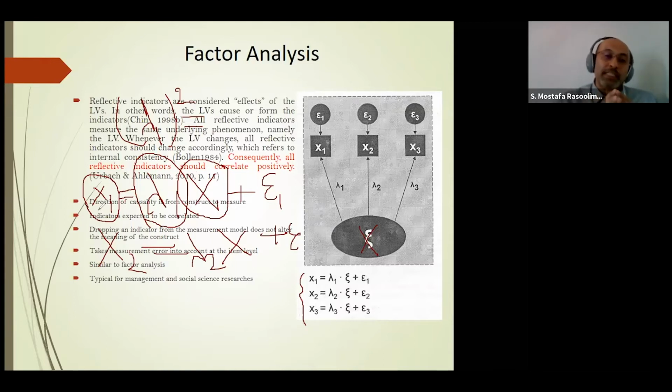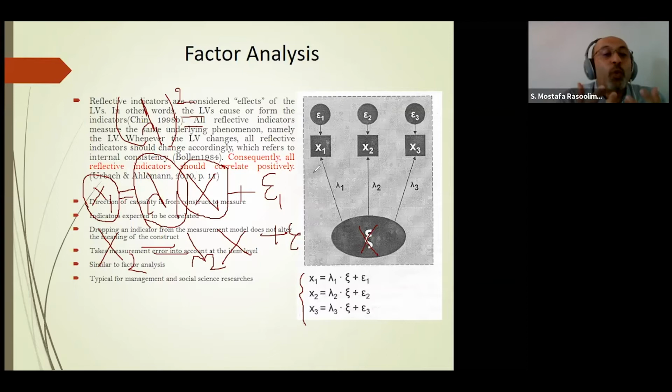So based on this lambda, we can measure how many percent of the variance of x is explained by x1, right?